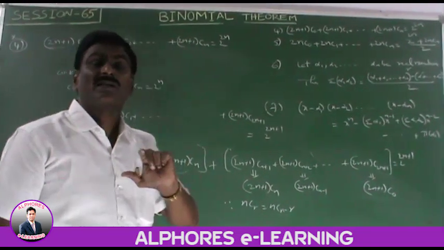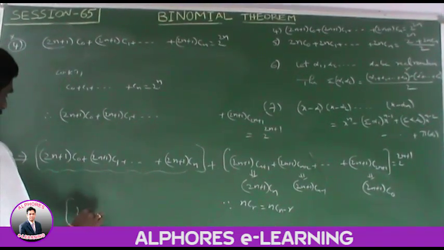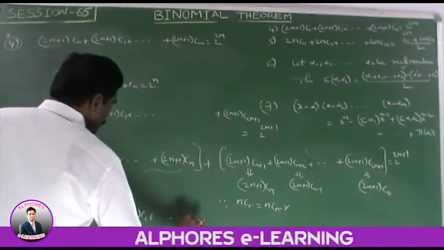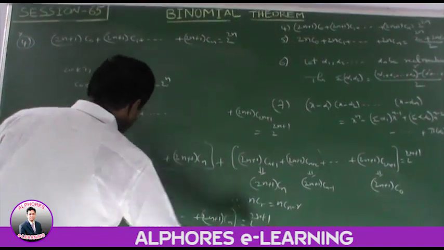X plus x means what is the value? 2x. That means 2 of (2n plus 1 C0 plus 2n plus 1 C1 plus so on 2n plus 1 Cn) is equal to 2 power 2n plus 1.